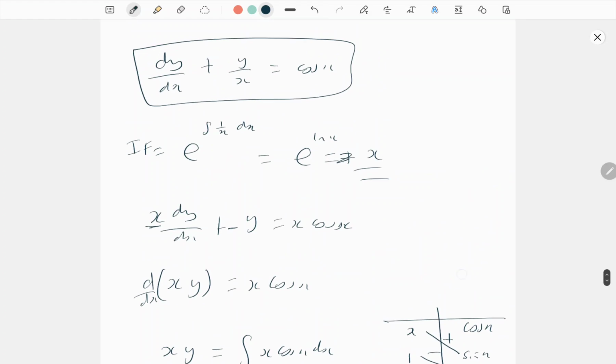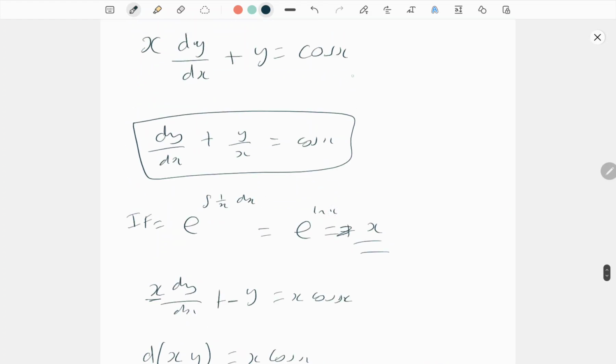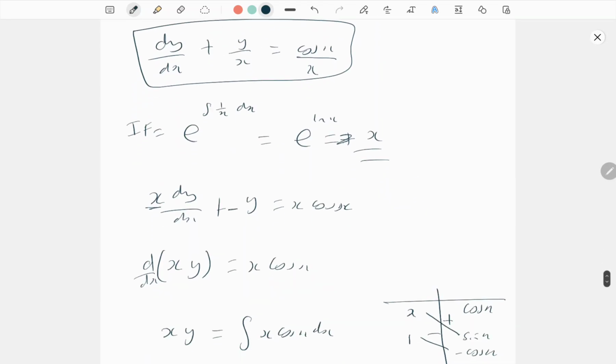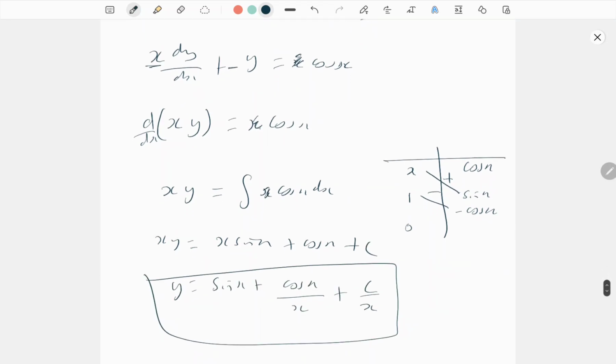Again, I've made an error. When I divided by x in this stage, that should have been cos x over x. So if I divide by, there's no x here then. When I multiply by the x integrating factor, no x here, no x here.